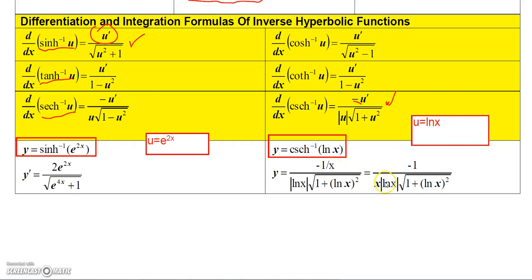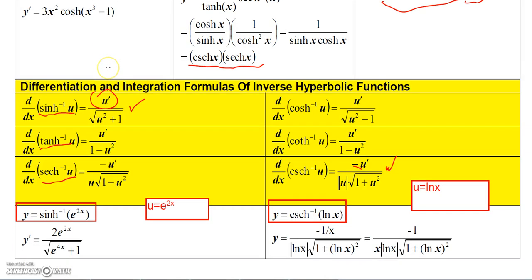So you get minus 1 over x times the absolute value of natural log of x times the square root of 1 plus the natural log of x quantity squared. And again, I could have shown you some examples that corresponded to each of these, but it's just a matter of applying the right formula to the particular function that you're given.